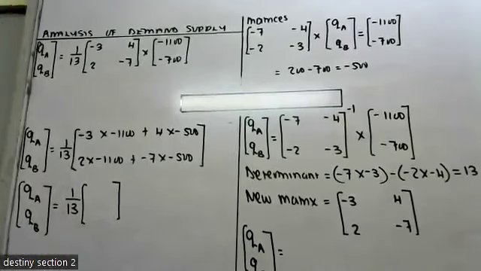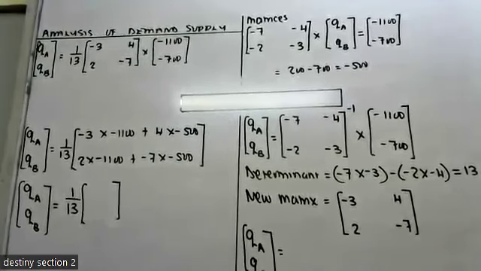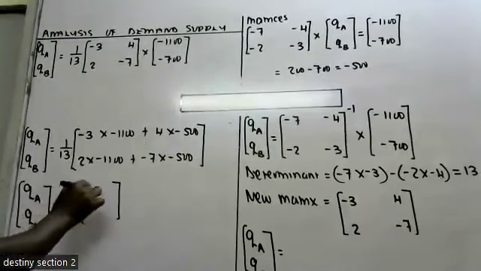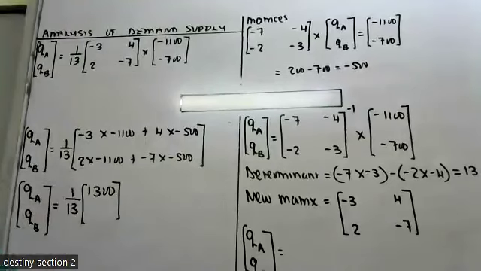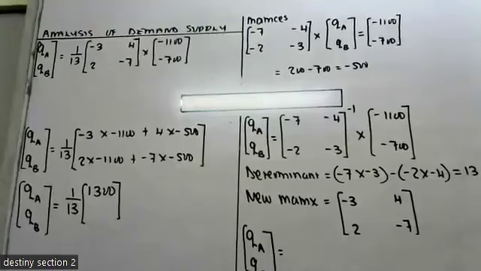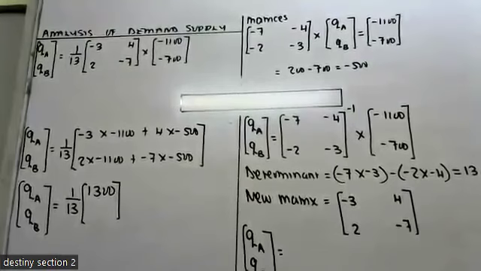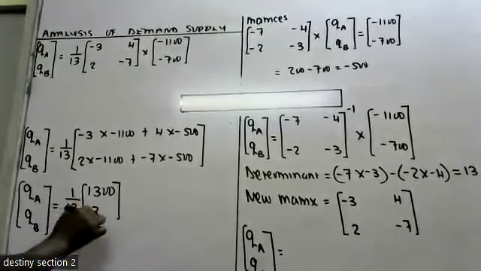So I should say -3 times -1100 plus 4 times -500. Yeah, I'm getting 1300 here. And then 2 times -1100 plus -7 times -500 is also 1300.